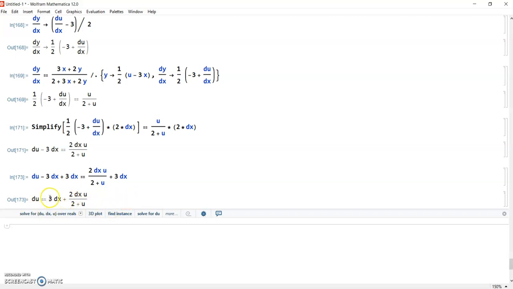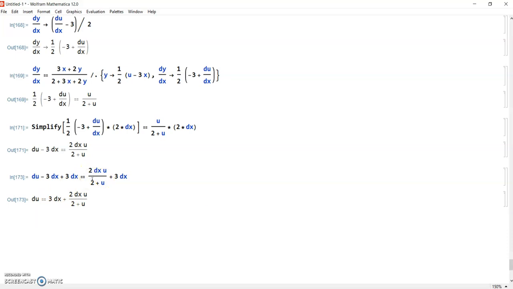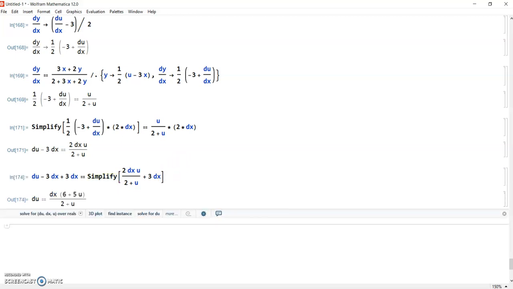Like I need to simplify this right hand side as well, so maybe I can input the simplify command here, simplify, and then this one. Yeah. Okay, now I get like this. After simplification it has taken out this dx as common factor, and then I get this.